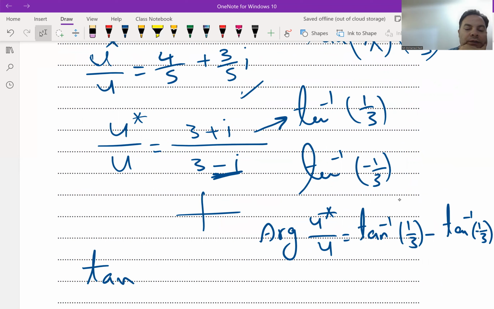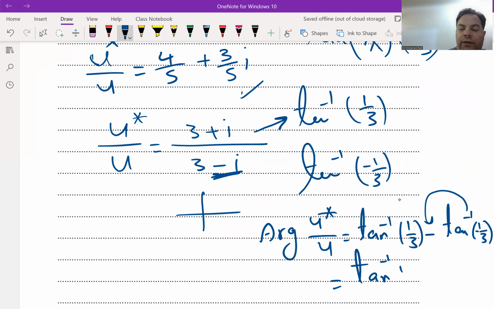Tan minus 1 of negative 1/3 will be negative tan minus 1 of 1/3, because tan is an odd function, so we can take the negative outside. It will be tan minus 1 of 1/3 plus tan minus 1 of 1/3.